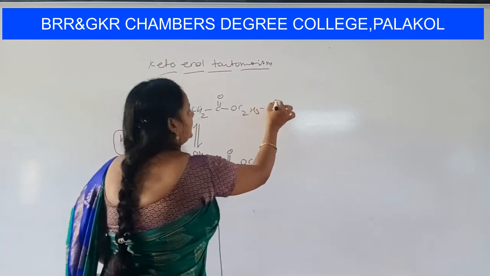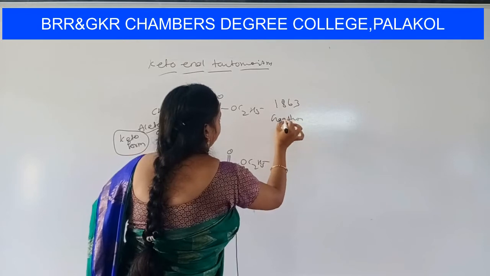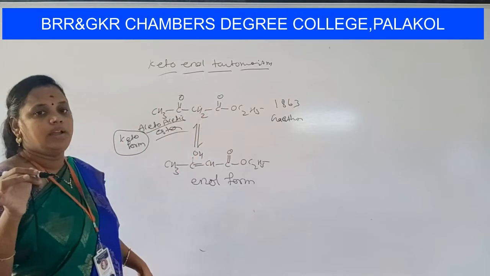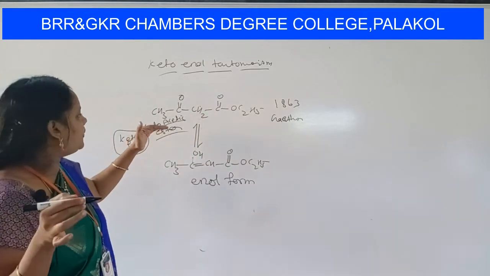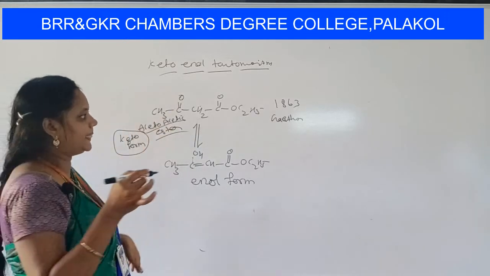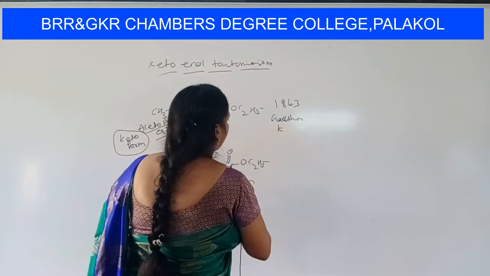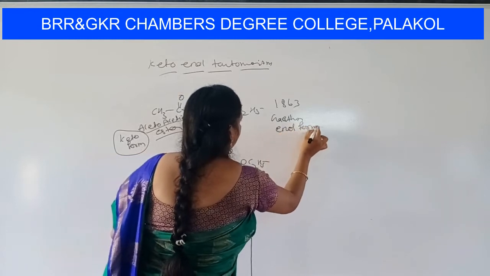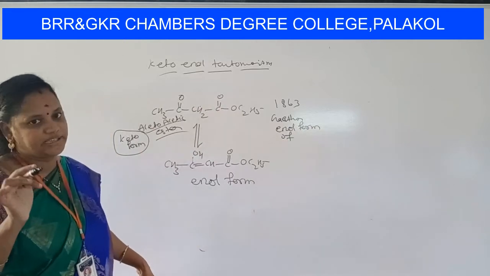First, in 1863, a scientist named Geuther proposed the enol form of acetoacetic ester.